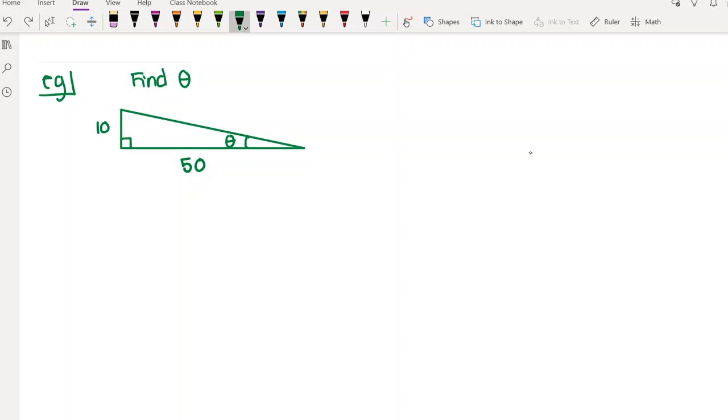Because we know the opposite and the adjacent side, we should use inverse tangent. You don't have to write down this first step, but sometimes it's nice to first write things down in terms of regular trig. So tangent of this angle would be 10 over 50, opposite over adjacent, and that reduces to 1 over 5.